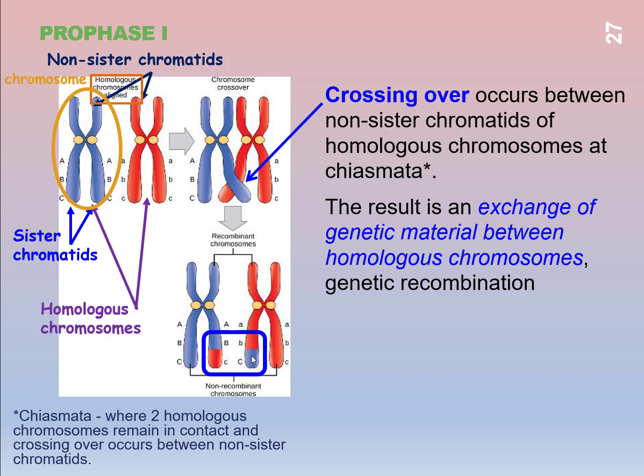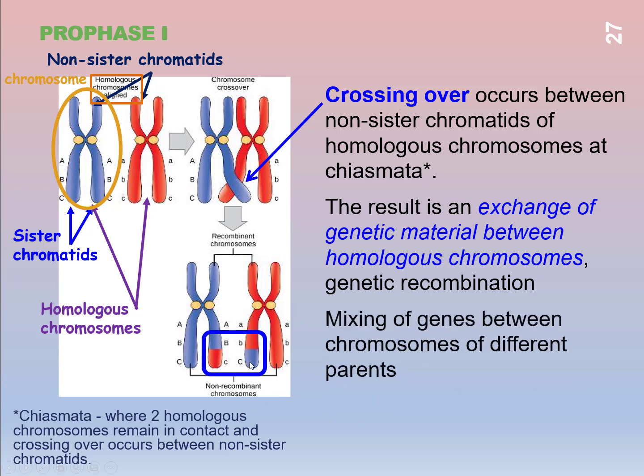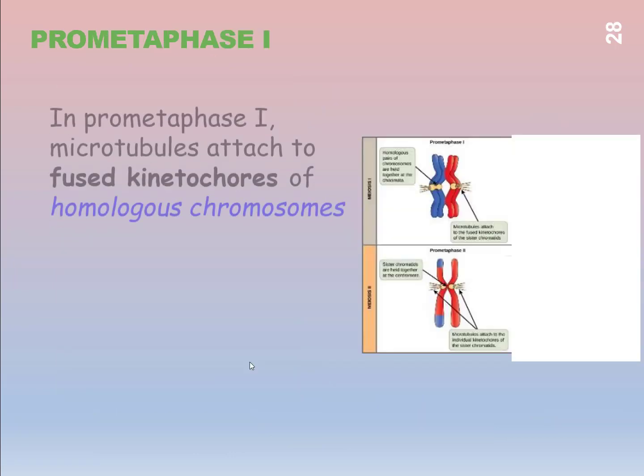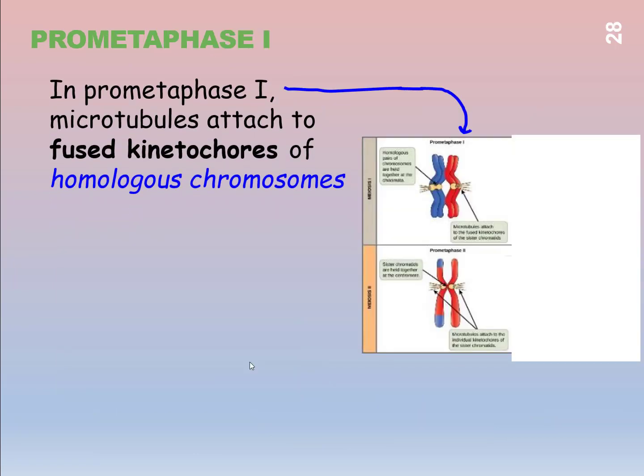And this is one of the reasons why we have to be really careful about how everything lines up perfectly, because we want to make sure that we're exchanging gene for gene. And this is another way that we get genetic variation. As you might assume, because all of this stuff is going on, prophase 1 lasts longer than it did in mitosis. Now, in prometaphase 1, we're going to see similar things that happened in prometaphase in mitosis.